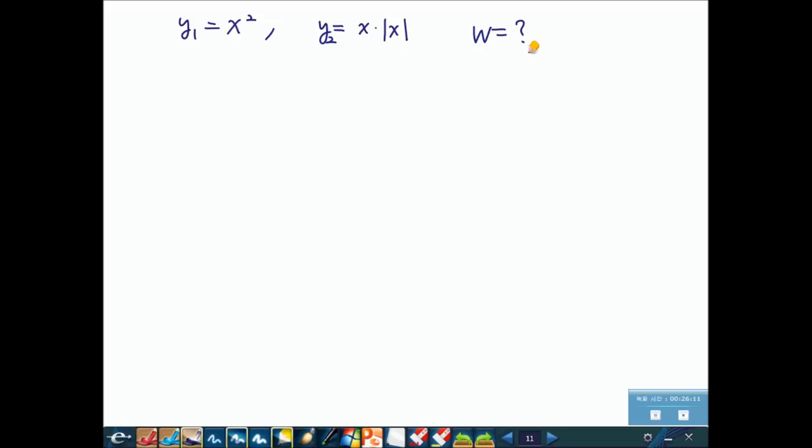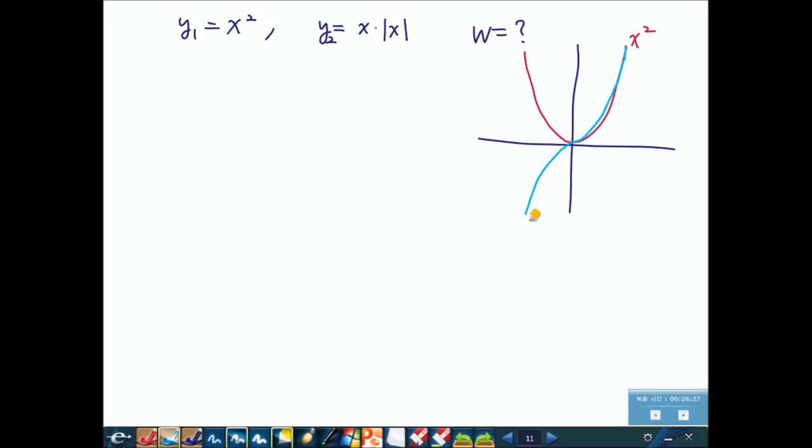Actually, the graph of the two functions is this. That's x squared. That's x times absolute of x. It's the same quadratic, but due to this absolute value, it has a different form. And we have to check if it's linearly dependent or not.